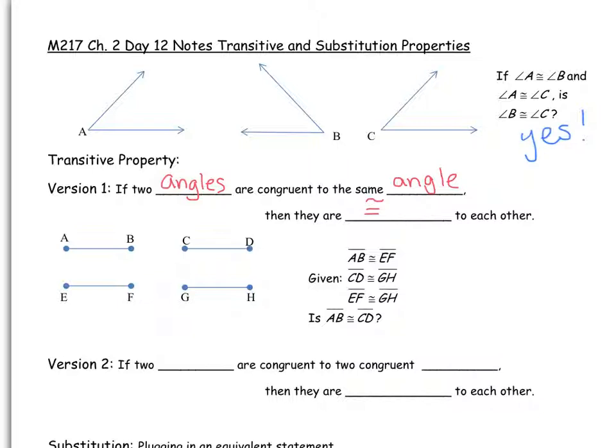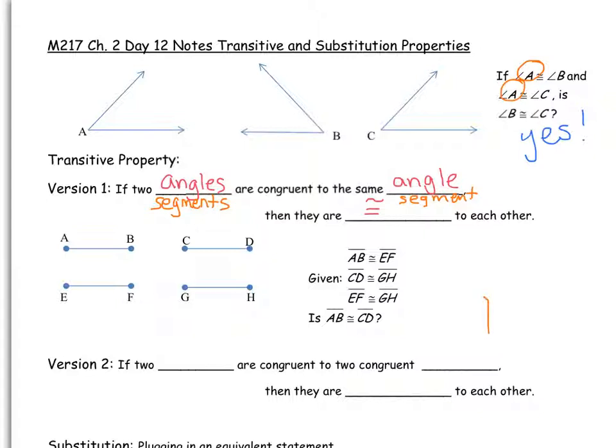That's how we arrived at B being congruent to angle C. This holds true for segments as well. So we could just as easily say if two segments are congruent to the same segment, then they are congruent to each other. It's almost like you're cutting out the middleman. If you look back, we're cutting out angle A and saying B and C are congruent.